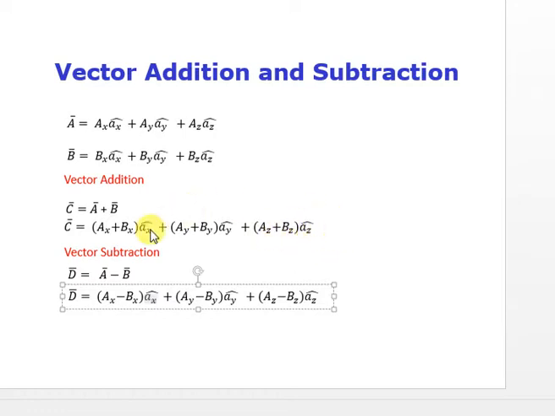Similarly, for vector subtraction, after subtracting vector B from vector A, a new vector D is created. Vector D equals (Ax minus Bx) unit vector ax plus (Ay minus By) unit vector ay plus (Az minus Bz) unit vector az.